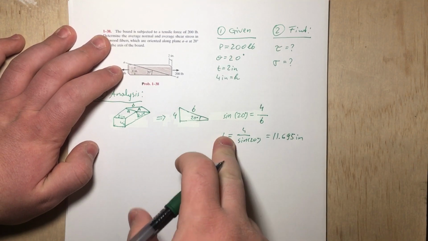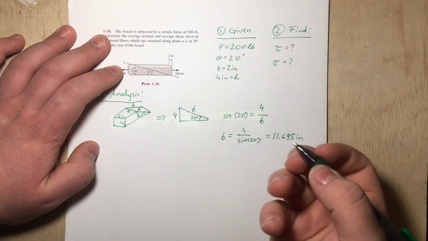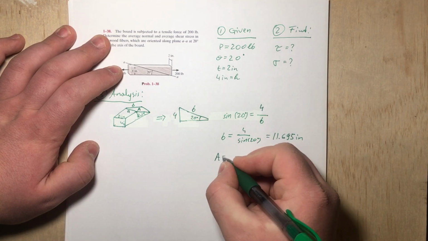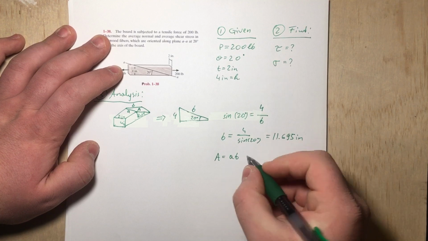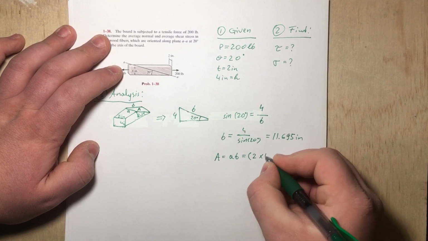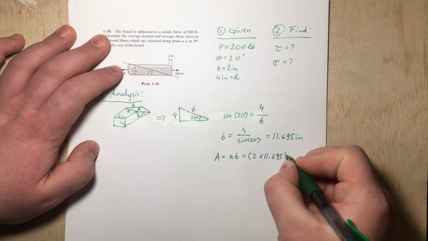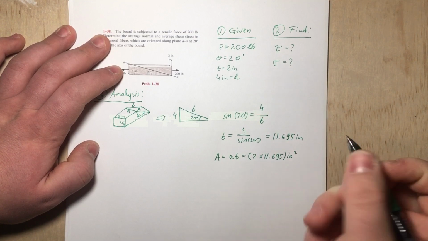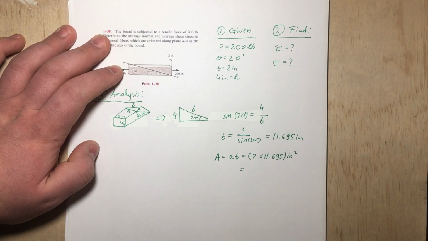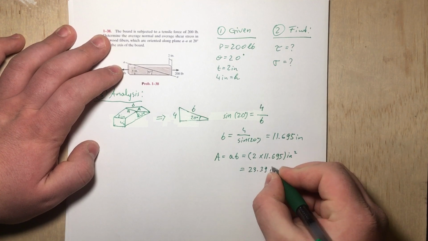Now that we know side B, we already know side A because we're given the thickness of the wood. Therefore, our area is going to be A times B, which is 2 times 11.695 inches squared, and that will be equal to 23.39 inches squared.